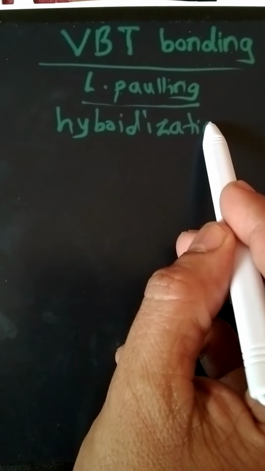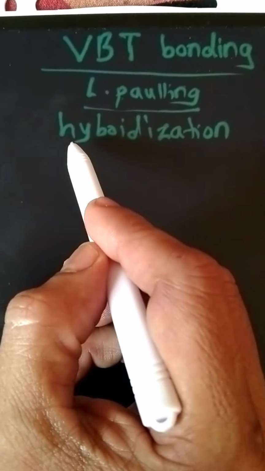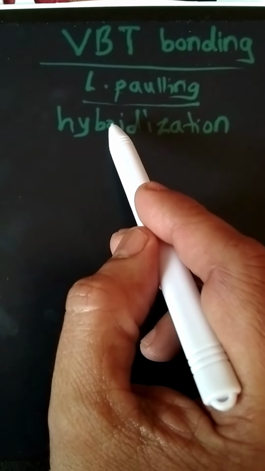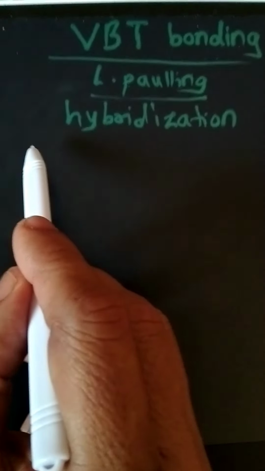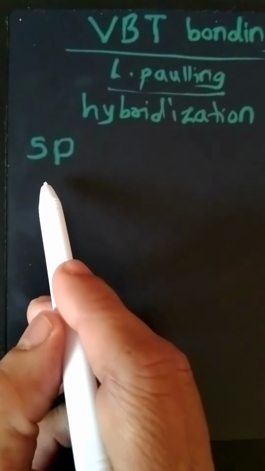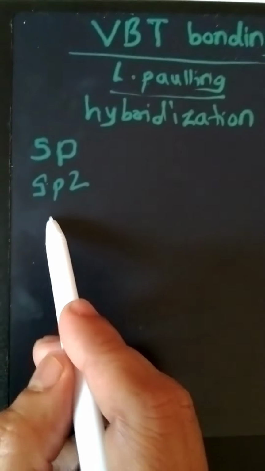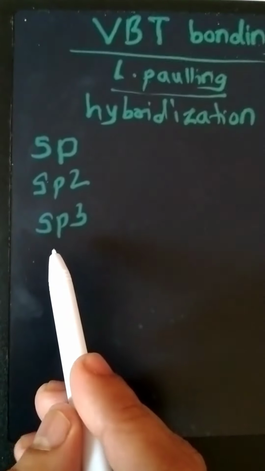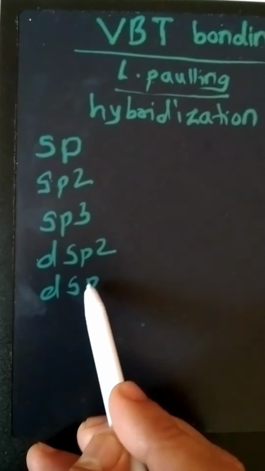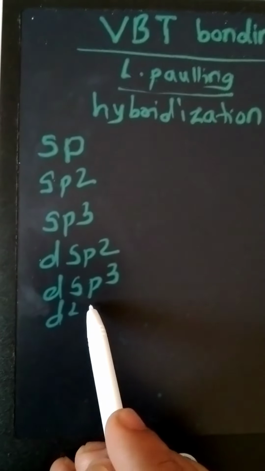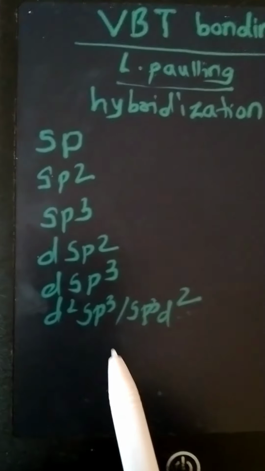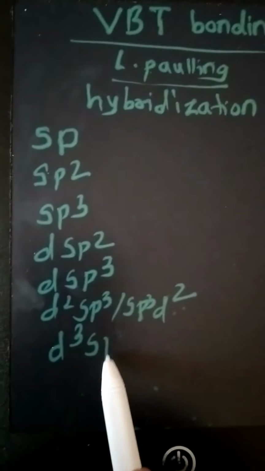Hybridization is the process of intermixing and recasting of atomic orbitals. Atomic orbitals of combining atoms in the molecules get hybridized to various forms of hybridization such as sp, sp2, sp3, and if d orbitals are involved, dsp2, dsp3, d2sp3 or sp3d2, and d3sp3 hybridization.